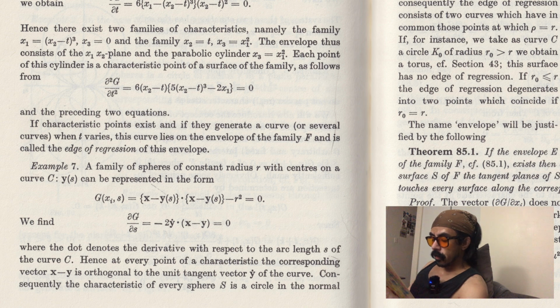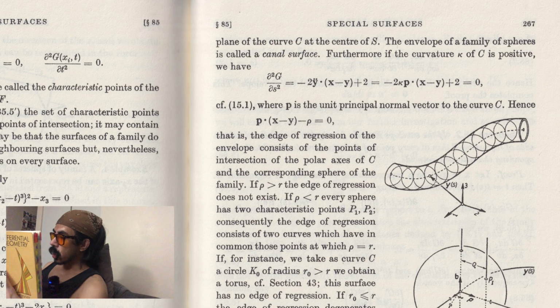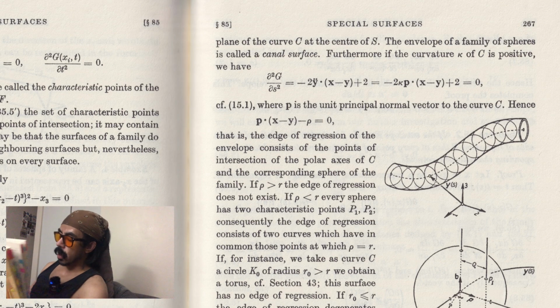Consequently, the characteristic of every sphere S, not to be confused with arc length s, is a circle in the normal plane of the curve C at the center of sphere S. The envelope of a family of spheres is called a canal surface. Remember what that is for the one problem that's going to be at the end of this section.